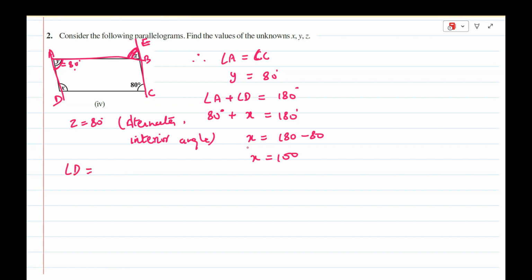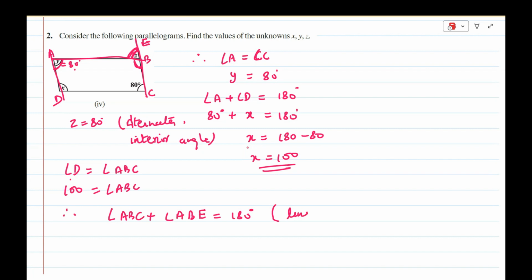The second method is, we know the opposite angles of a parallelogram are equal. Means angle D is equal to angle ABC, right? Angle D I know is X, and X I got here as 100 degrees. So angle ABC is 100 degrees. Now we also know angle ABC plus angle ABE is 180 degrees.